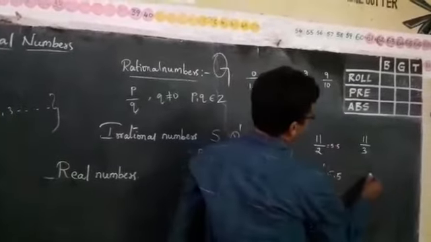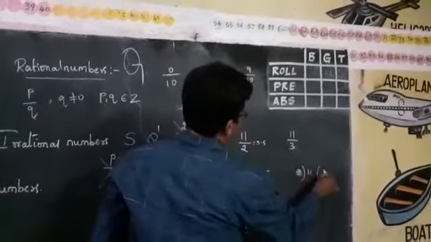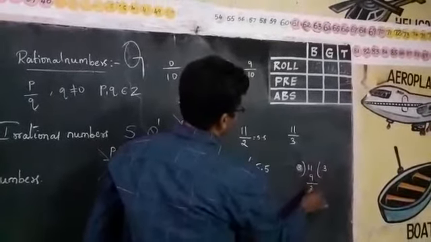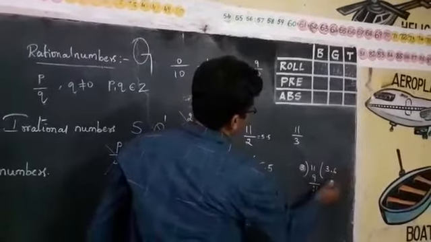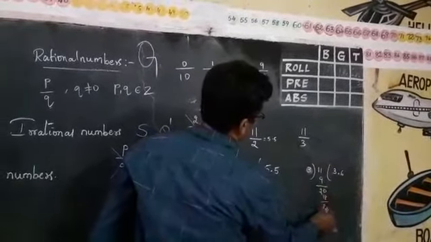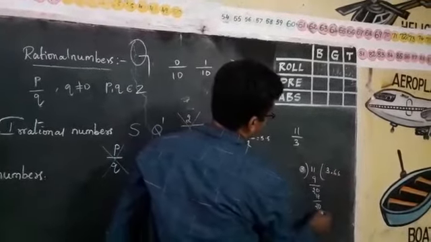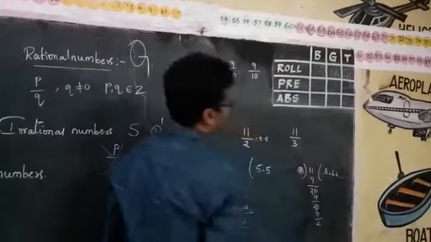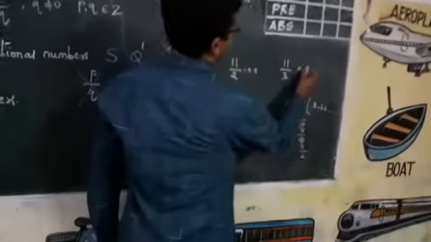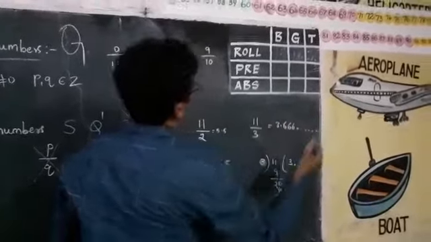If I divide 11 by 3, 3 3s are 9, 2 remaining, point 0, 3 6s are 18, 2. Again 3 6s are 18, again remainder 2. So this keeps on moving. So I can write this as 3.666 and it keeps on going.